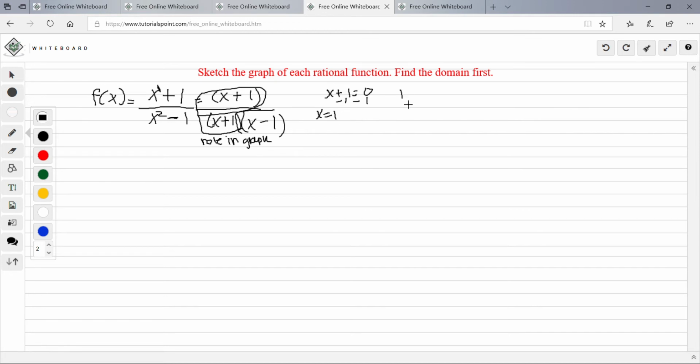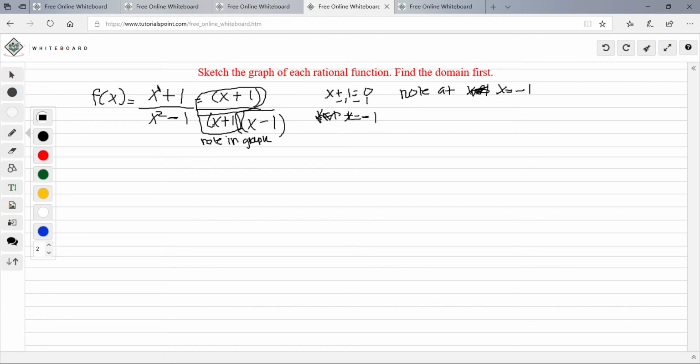So the hole is at x equals 1. No, it's negative 1, sorry. x equals negative 1. So that's our x value.